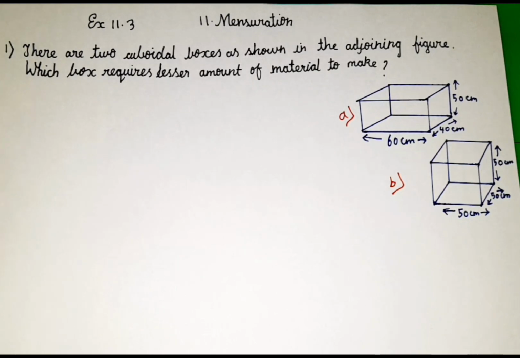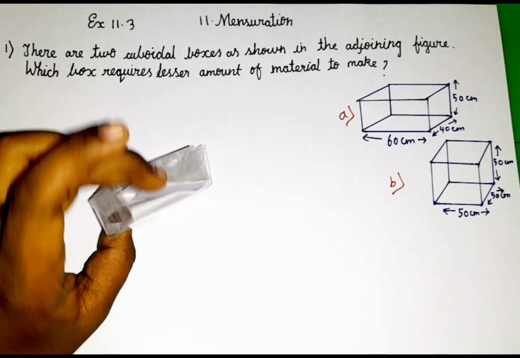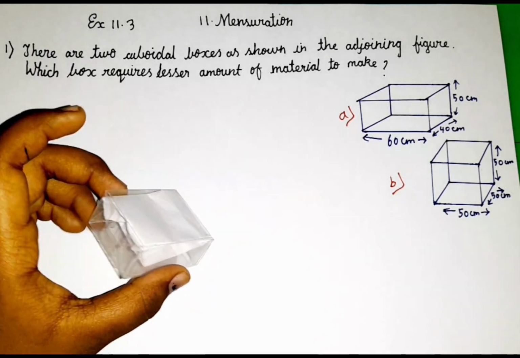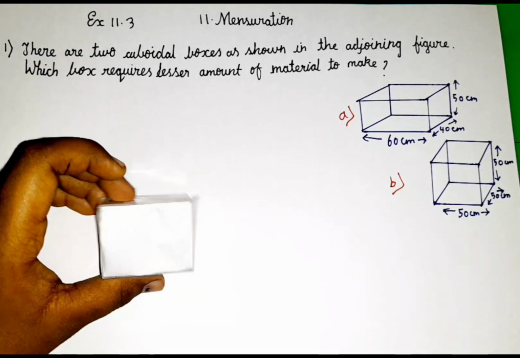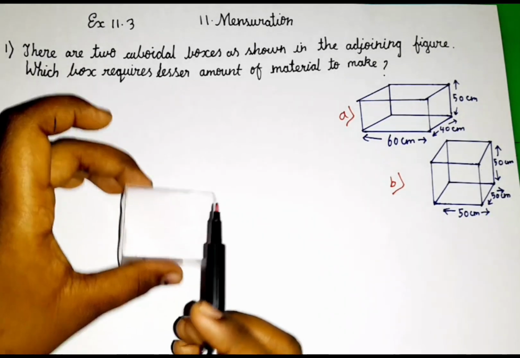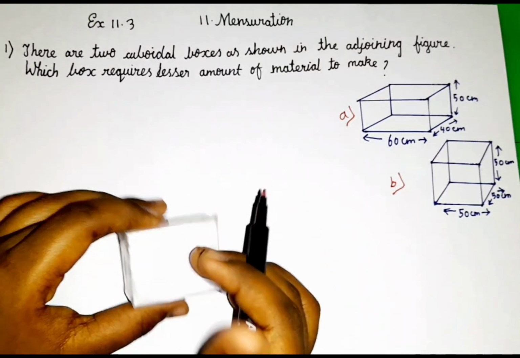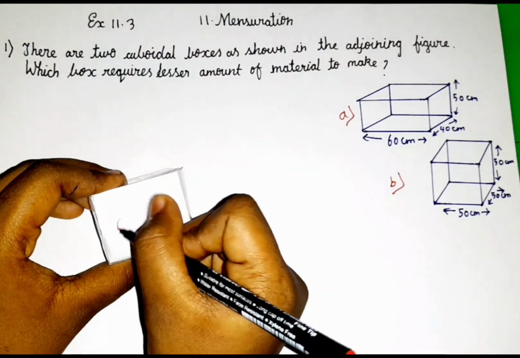So what does this mean? Let me show you a figure. So this cuboid, to see it clearly I just kept a paper. In this cuboid, to make it I need many materials, right. So I will write here cuboid.